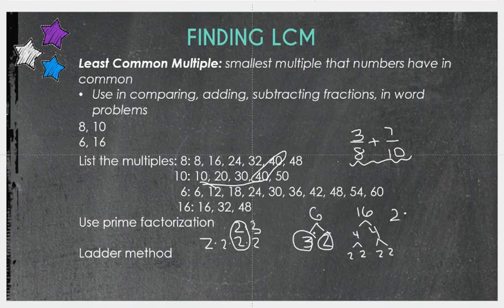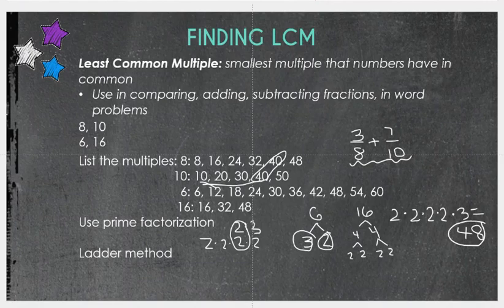So 16 also has 3 more 2's, so we use those. And 6 has a 3, so we use the 3. And then we multiply all of that together. 2 times 2 is 4, times 2 is 8, times 2 is 16, times 3 is 48. And we can get it that way with the prime factorization.